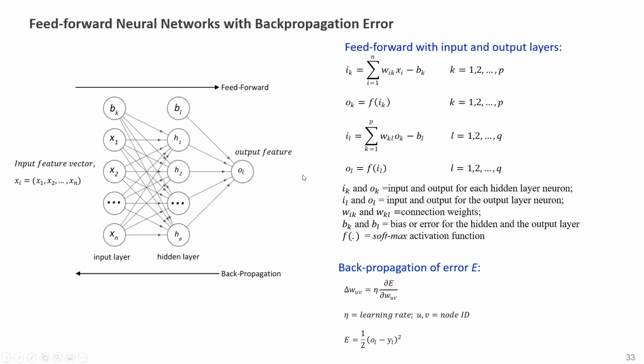Here we just use the feed-forward neural network with backward propagation. These are the equations. You have here the input xi. We apply weights and biases to get the modified input parameter. We use a softmax activation function to get the output.